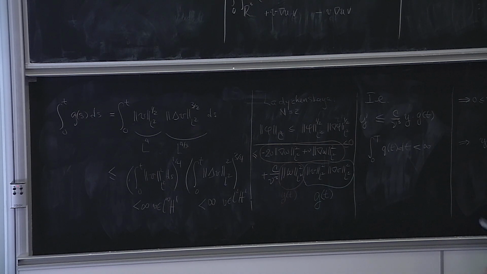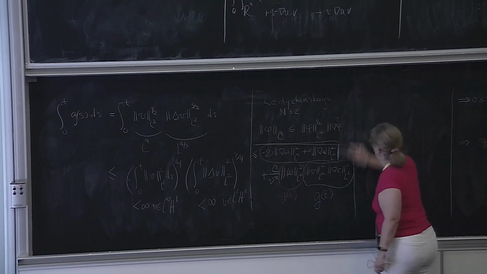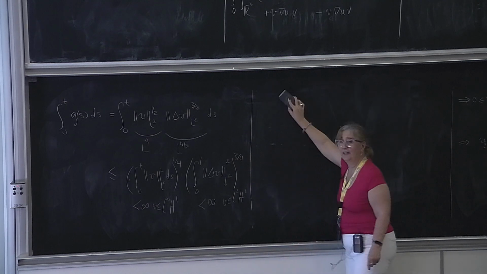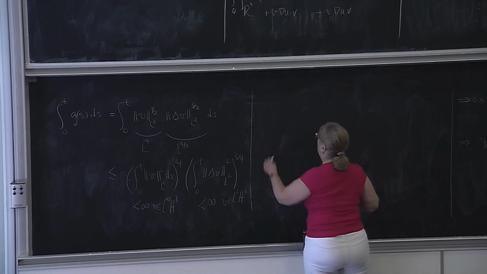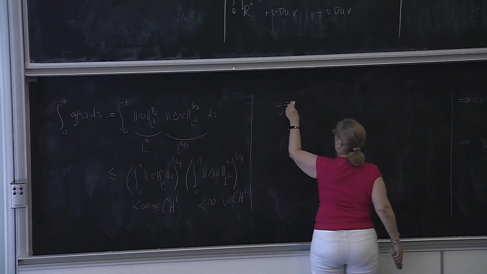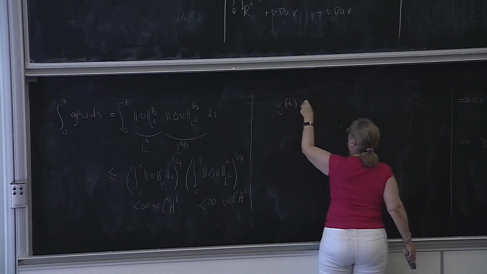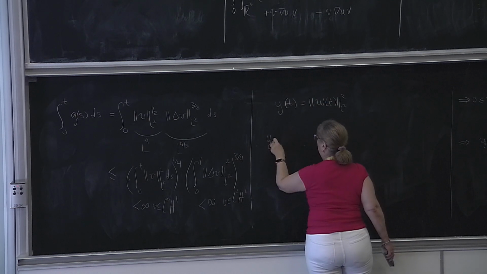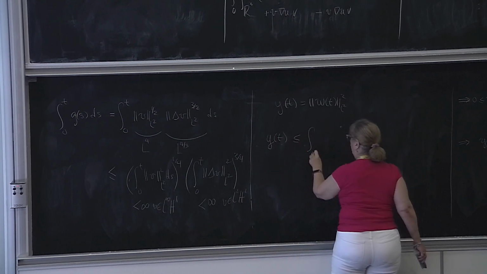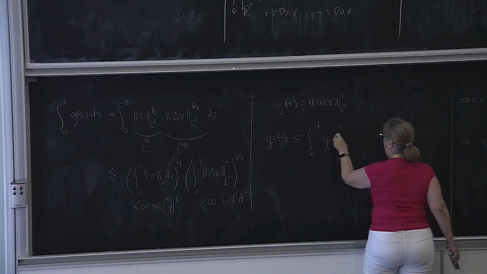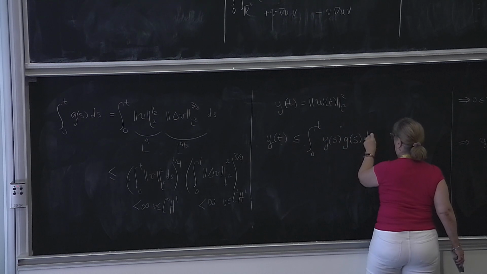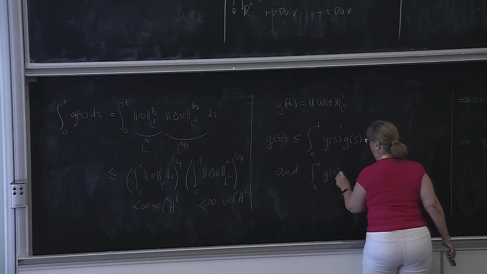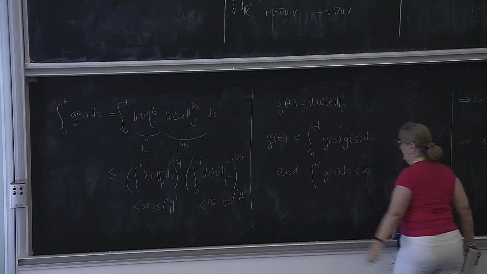So now I'm in a situation where I have a similar Gronwall inequality to use, except in integral form instead of differential form. And these are a little trickier, but it's also okay. So if I have y of t equals the L2 norm of w of t squared, what I've just shown you is that y of t is less than or equal to the integral from 0 to t of y at time s times g of s, and the integral from 0 to t of g of s ds is finite for all t.